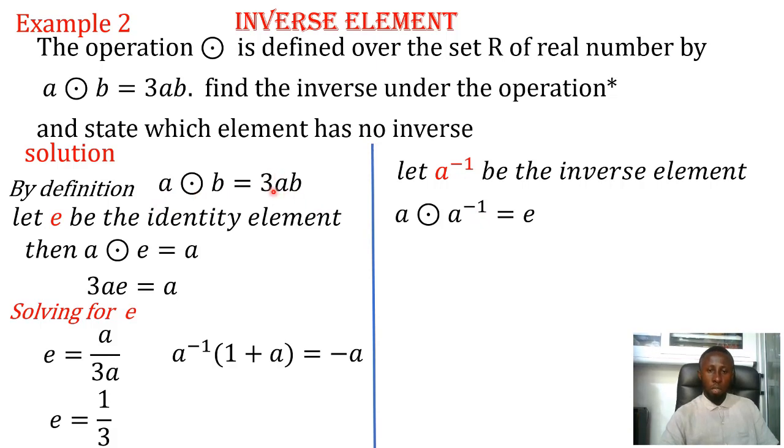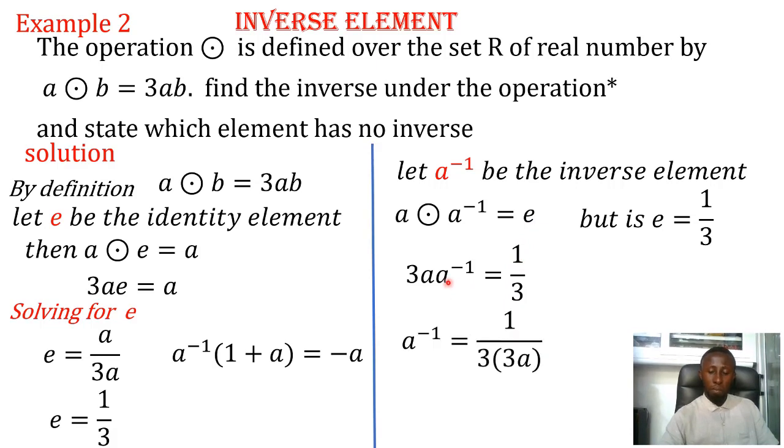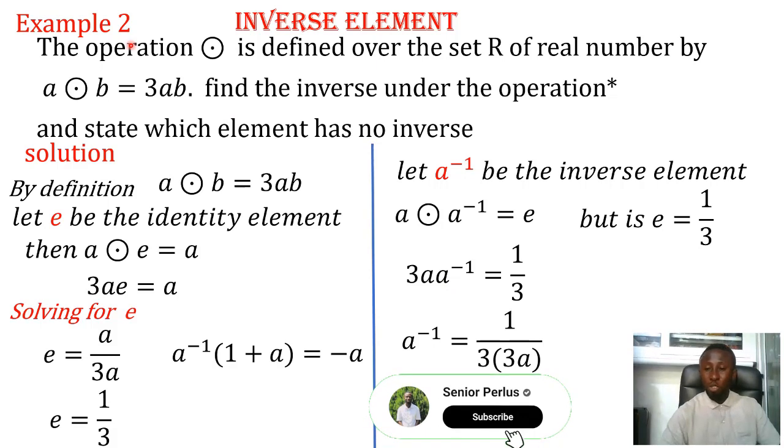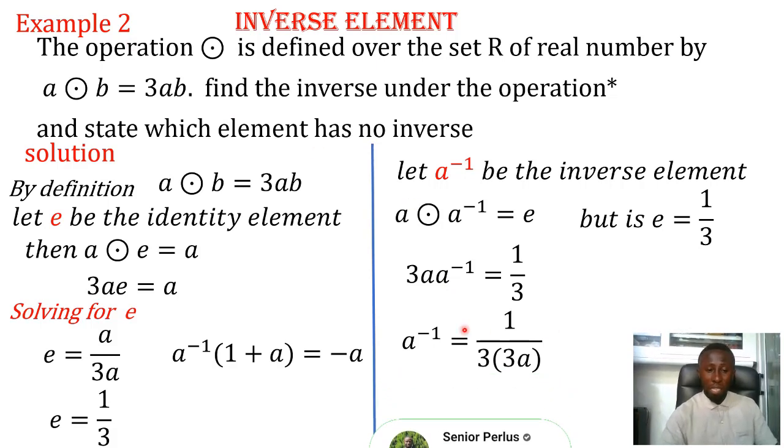So it will be 3A times A inverse, but our E is this, which I already said earlier. So 3A times A inverse equals the identity element. So we are finding the inverse element.